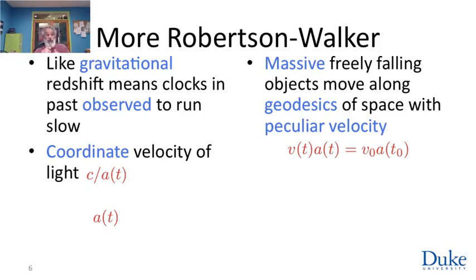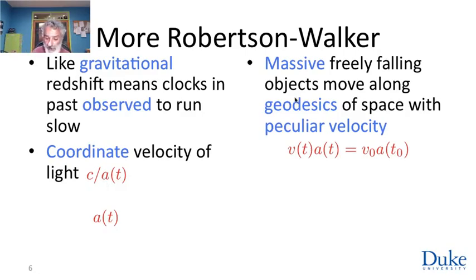This does not mean it moves with speed c as observed in our coordinates, which means light beams moving in the dim distant past move with velocity c relative to the observers back then. Those observers have slow clocks and small distances. It turns out that in terms of the positions today of the observers that observed the light a long time ago, the coordinate velocity of light is actually not the speed of light, but it does move along geodesics, along straight lines.